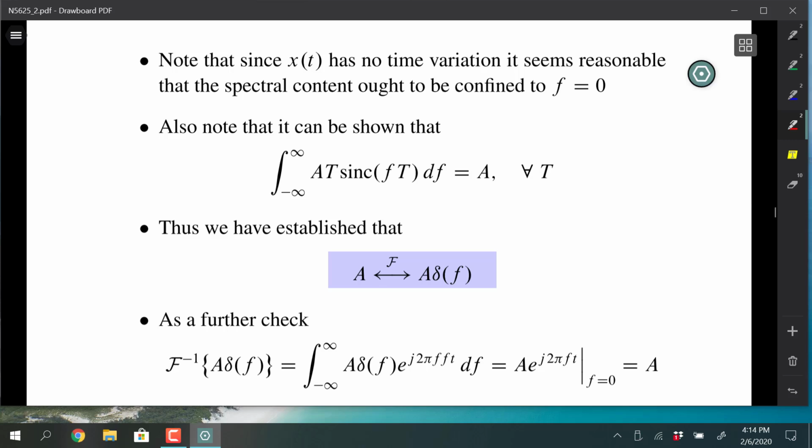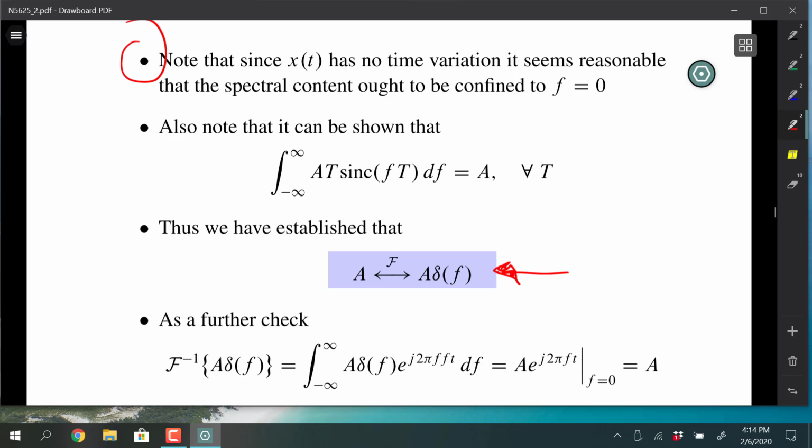So that is common sense, that's this bullet right here. There's no time variation, so the spectral content ought to be confined to f equal to 0. So what we can then say as a Fourier transform, the limit property is that it's a delta of f.